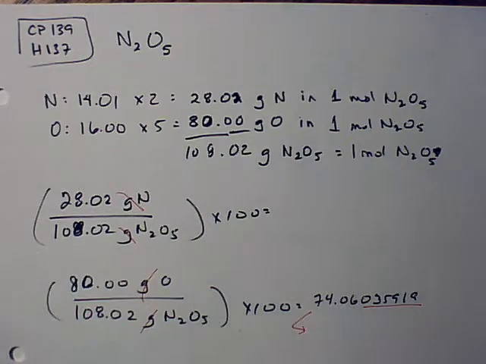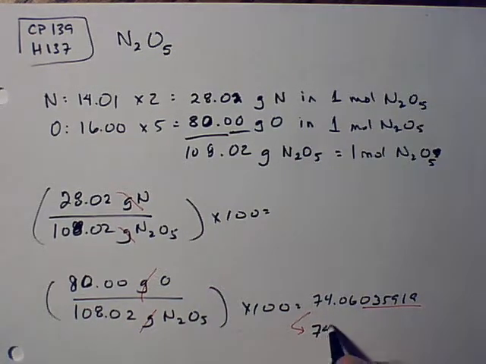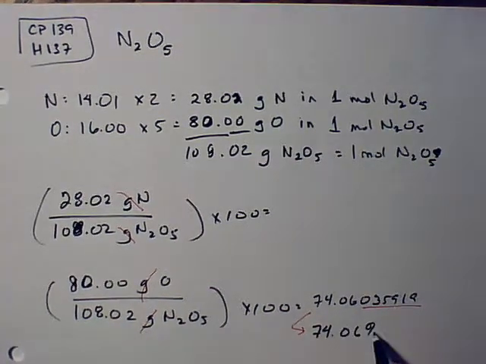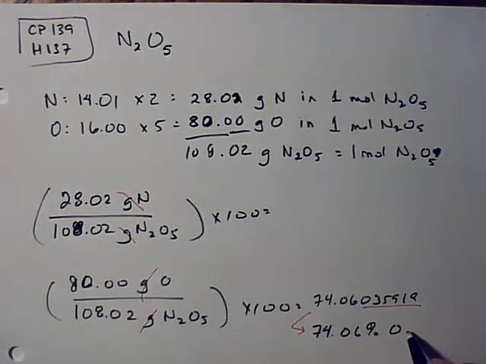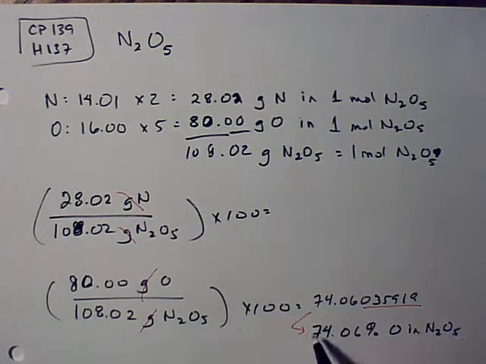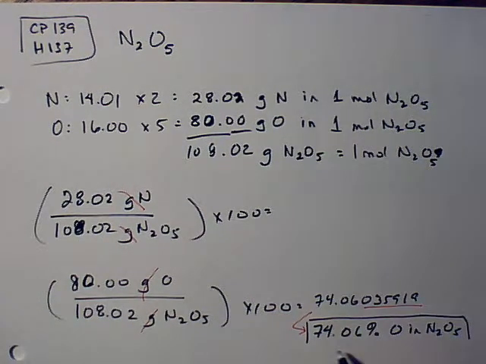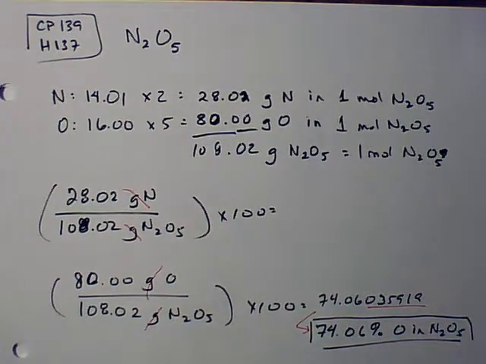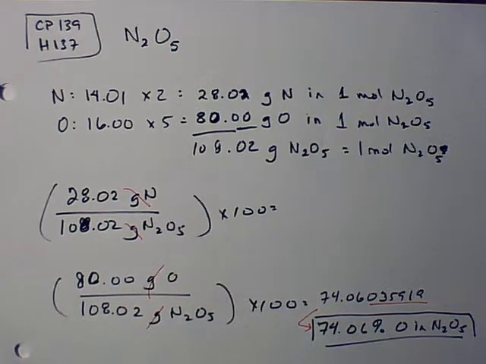So our percentage is going to be 74.06% oxygen in N2O5. Does that make sense? I don't hear anybody saying no or yes, for that matter. I guess it makes sense.